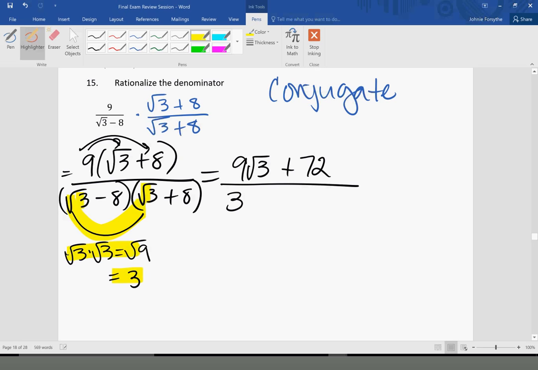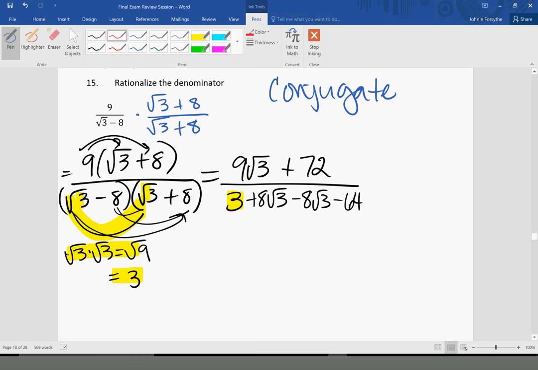Then outer, root 3 times 8 is 8 root 3. Inner, negative 8 times root 3 is negative 8 root 3. And then last, negative 8 times 8 is negative 64.